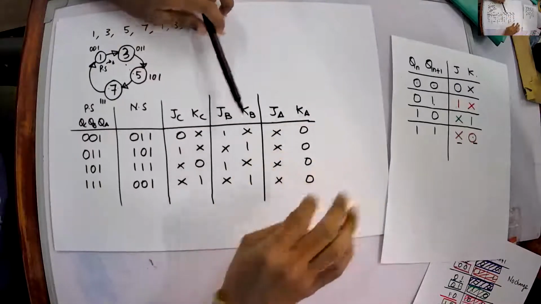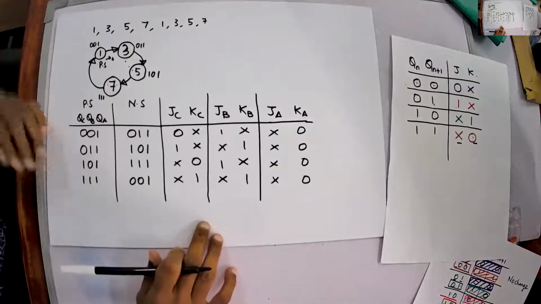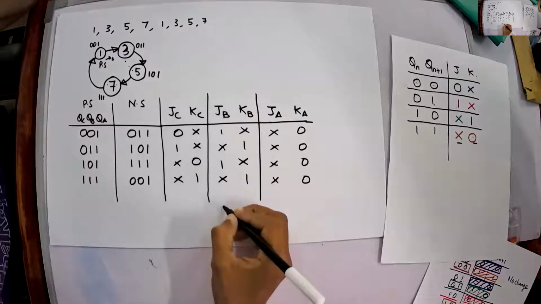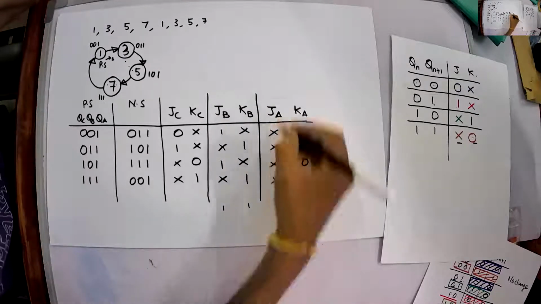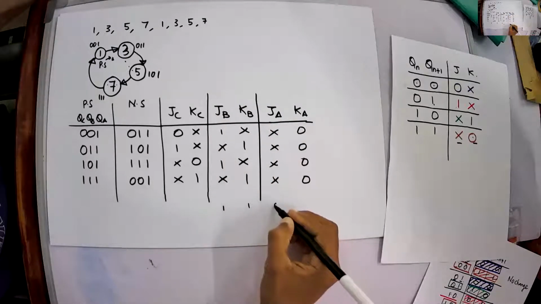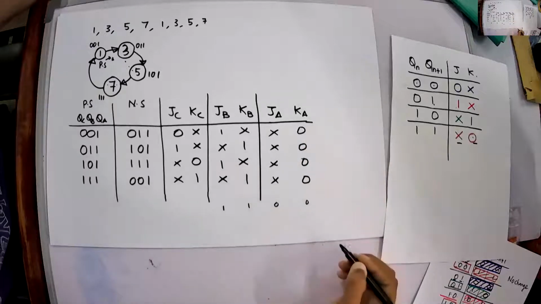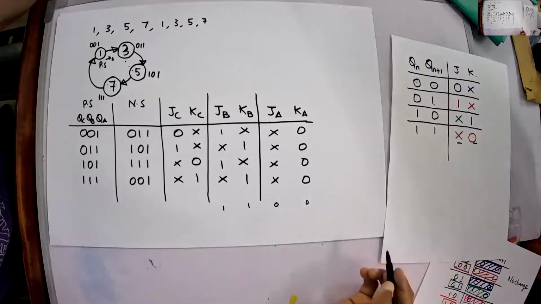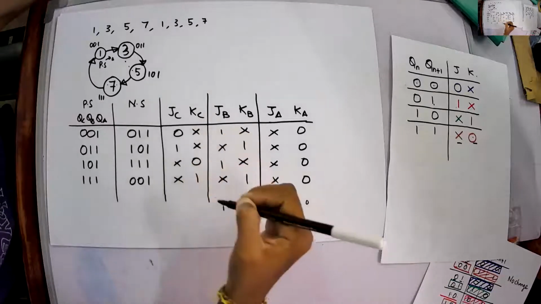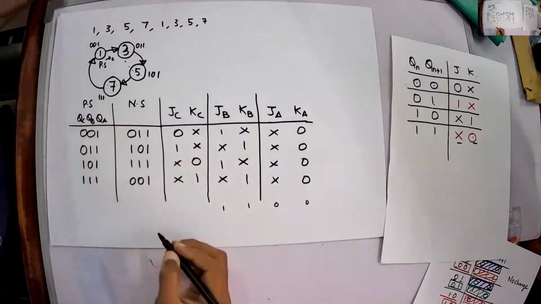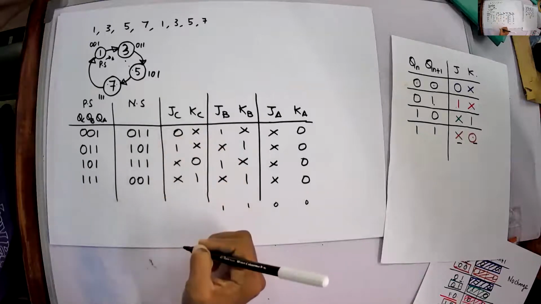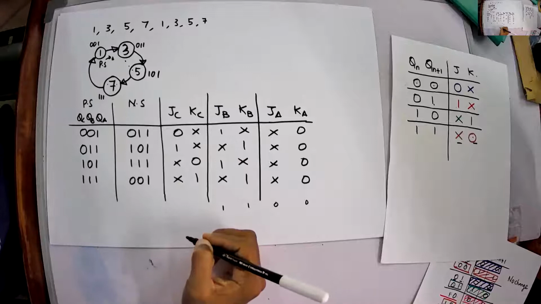Now you can solve them using a K-map. I would simply write this as 1, this as 1, this as, of course, 0, this as 0, because they are don't cares. Clear? They are don't cares. I would take it as 0. For this one and this one only, I need to draw the K-map. Oh yeah, I have don't cares as well.